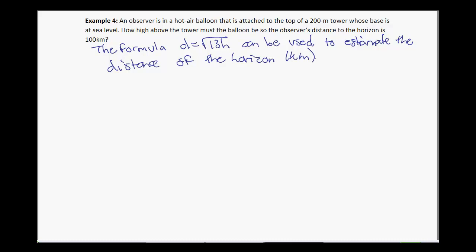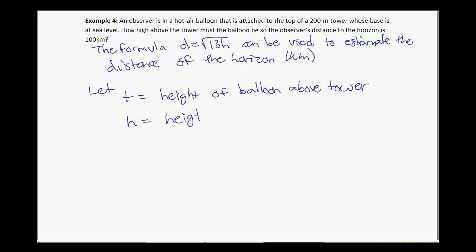in kilometers. So let's let t equal the height of the balloon above the tower, and h equal the total height.